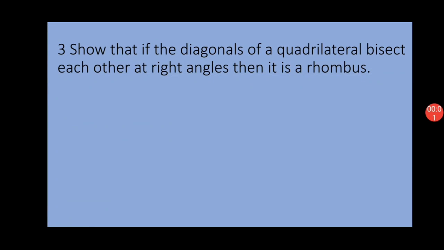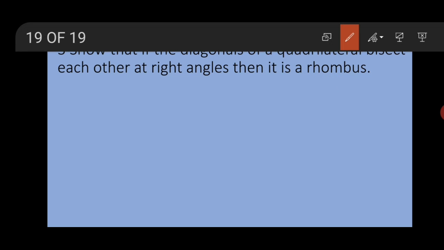Yes. Now let us take question number 3. Show that if the diagonals of a quadrilateral bisect each other at right angles, then it is a rhombus, right? So we take a quadrilateral, not a rhombus, only a quadrilateral. ABCD is a quadrilateral and its diagonals bisect at right angles.